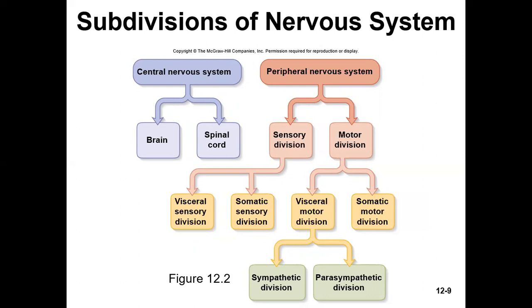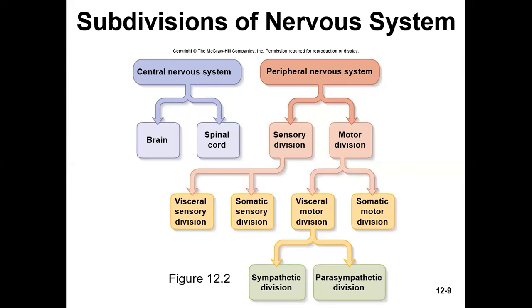So it has a visceral sensory division and a somatic sensory division. Again, visceral tells us organ system, what they're experiencing, what they're going through. Somatic, that's body wall stuff. When we talk about the motor division, think of it as the motor goes into action or moves us.